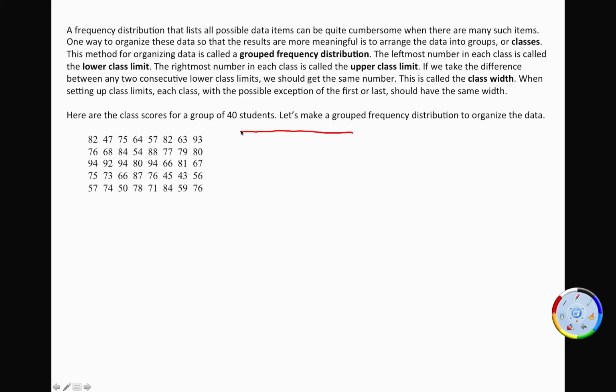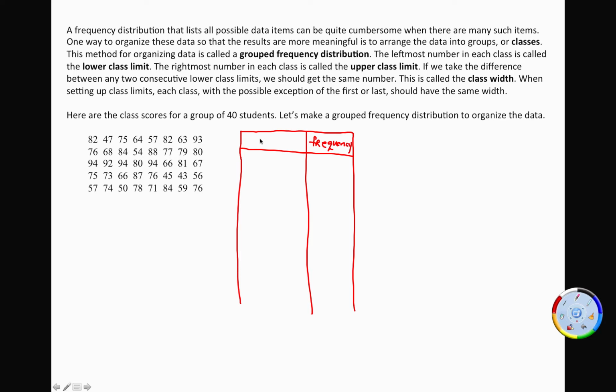Again, it's 2 columns. And the second one is always your frequency. And on this one, we'll say grades.